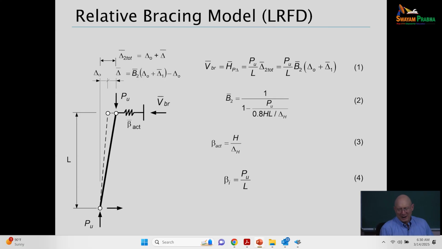Actually, in AISC, we say, okay, 2 times, but we're going to also divide by a phi factor for a little extra margin of safety. So what's getting clipped there at the bottom of the screen, we've replaced the terms there in equation 2 by beta I and 0.8 beta actual. So that would be the way we would write this when we're talking about it as stability bracing. Again, if beta I is equal to 0.8 beta actual, we're in trouble.